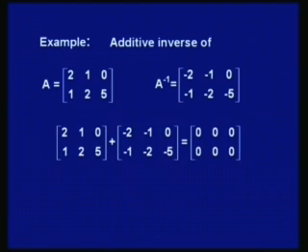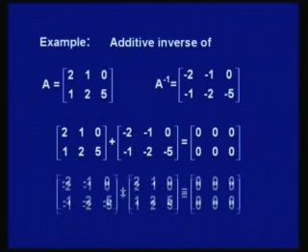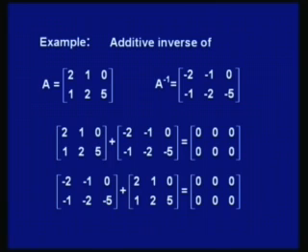You can add 2 1 0 1 2 5 and -2 -1 0 -1 -2 -5 to give rise to the null matrix, which is of order 2 by 3. And this can be done in any order. You first take this and then its inverse, or you first take its inverse and then the matrix A, and you will again get the null matrix.